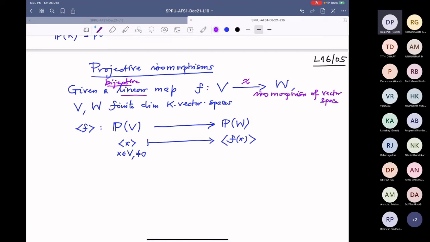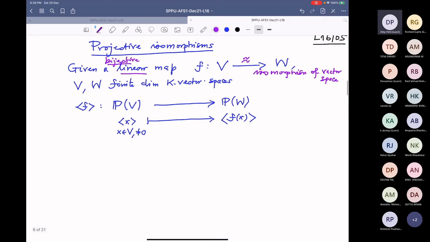Then if x is non-zero, then f of x is also non-zero, and that is the definition. So now again, I want to claim that this is an automorphism. This is an isomorphism again. This is also bijective.